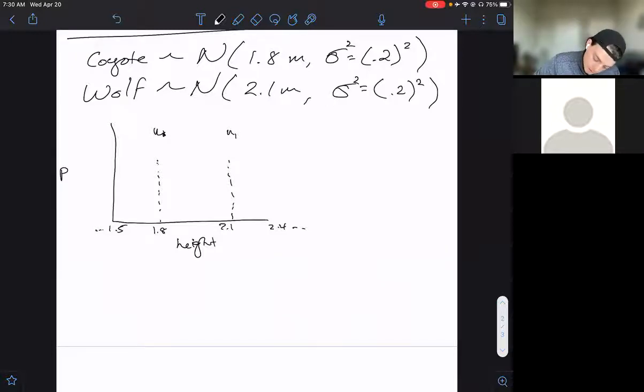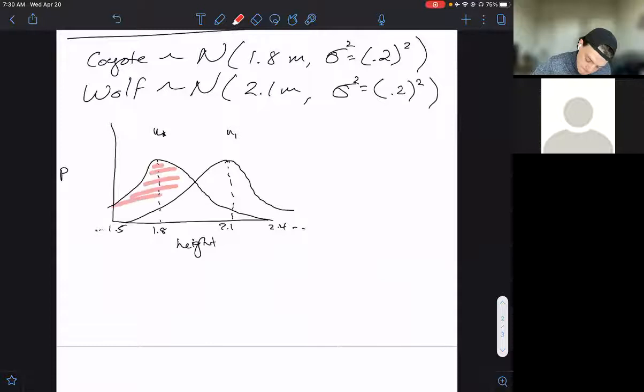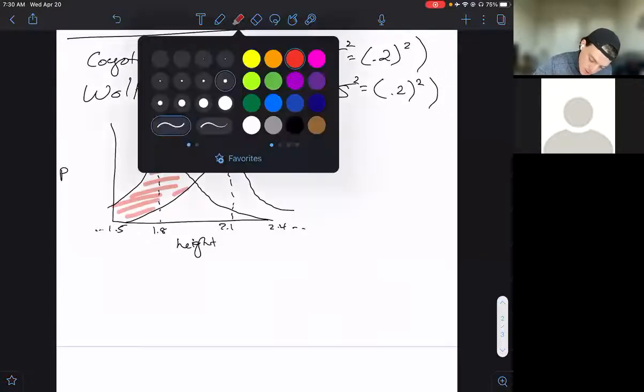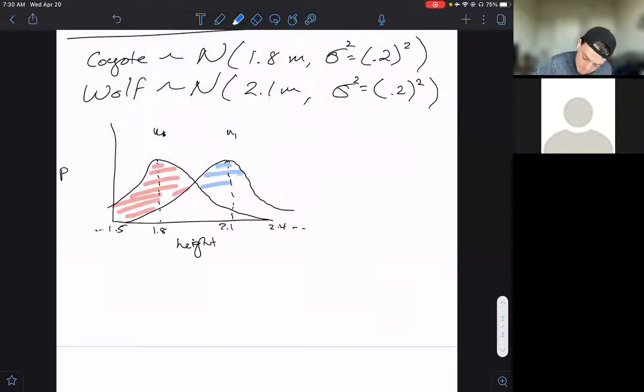And so I can basically draw the bell curve as such for both of these, where one of them, let's say, is the coyote, and then we've got the wolf. And there's some sort of underlying overlap between the two plots.